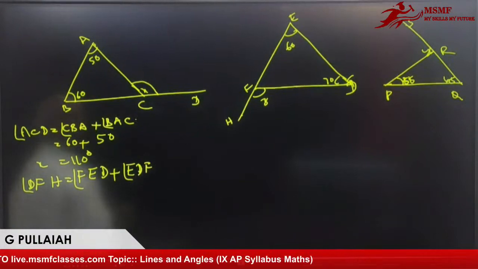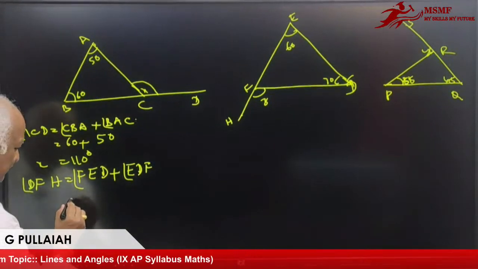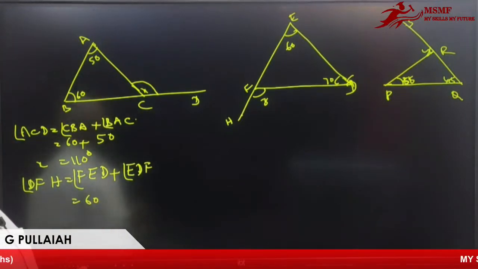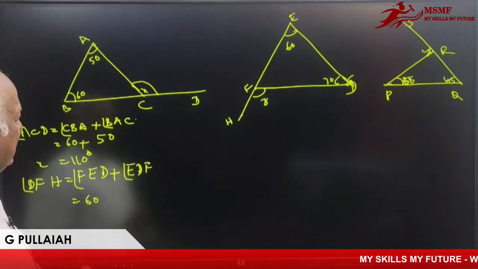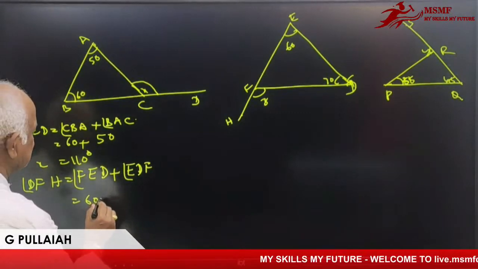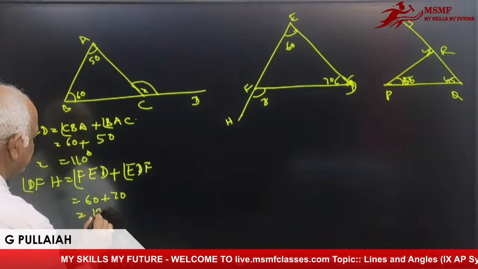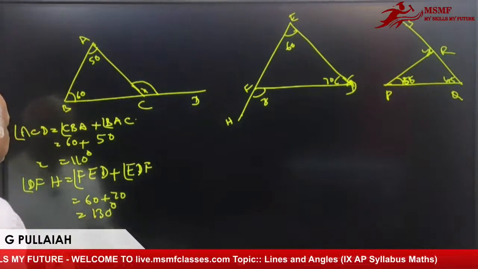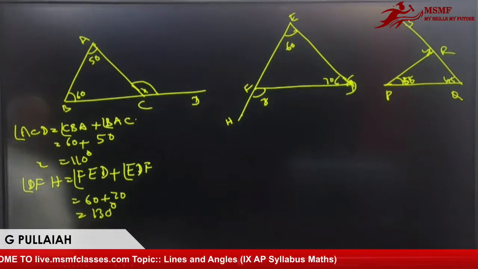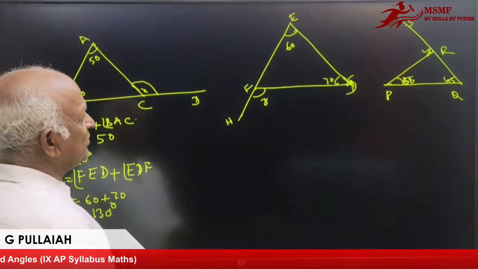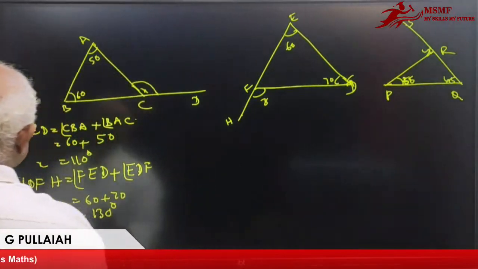Here FED is 60 degrees and EDF is 70 degrees. So angle DFH is 130 degrees.